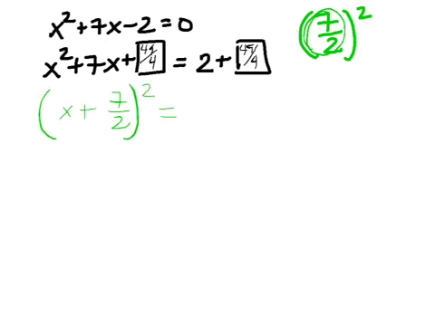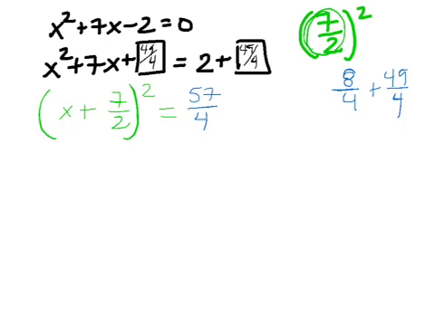And that's going to equal 2, so that would be 8 over 4 plus 49 over 4, so 57 over 4.